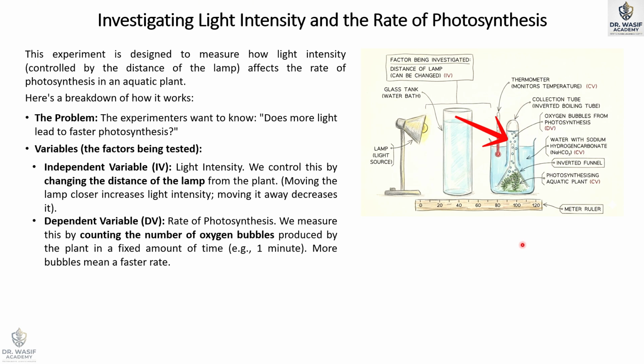We can count the number of bubbles released over a fixed time, for example, 1 minute. If more bubbles are being produced, then the rate of photosynthesis is faster.